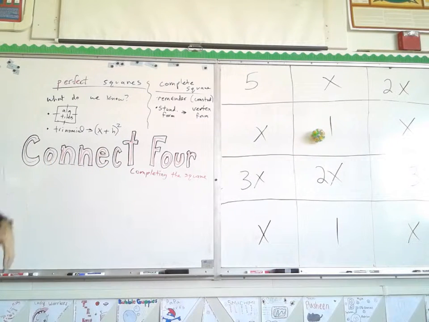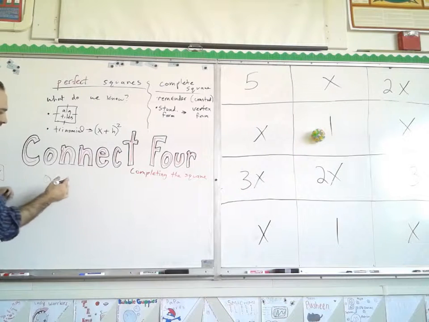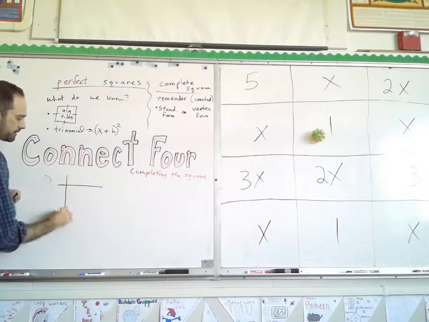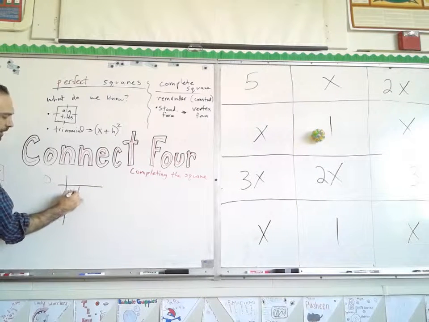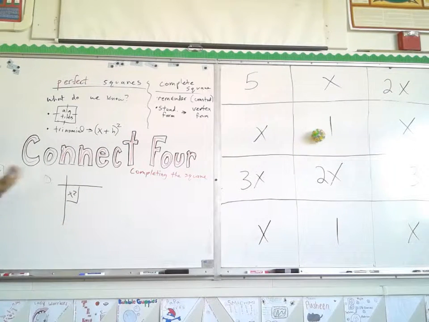Okay. So the things that I need you to do on your sheet, go to put number 1, and from there, I want you to start drawing this table. Just make a table. We're going to put the x squared, which isn't one of our options for connect 4. We're going to always start with an x squared in the top left.